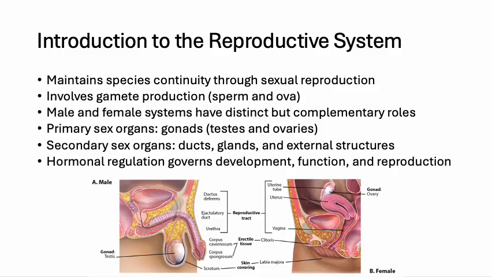At the center of the system are the gonads, the testes and the ovaries, which not only generate gametes but also secrete the sex hormones that drive puberty, secondary sex characteristics, and reproductive cycles. The secondary structures, which include ducts, glands, and external genitalia, work together to ensure these processes occur efficiently. Hormones tightly regulate each stage, making this system a perfect example of physiological integration.